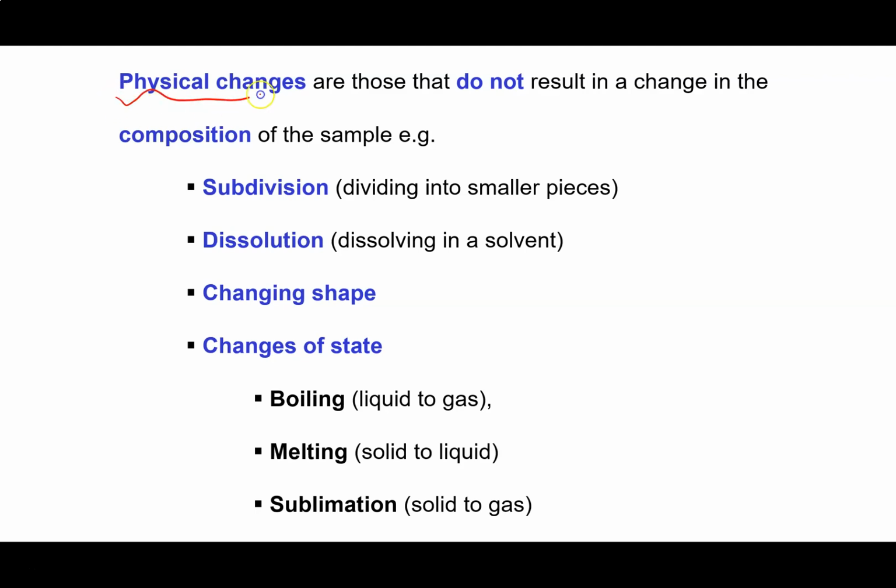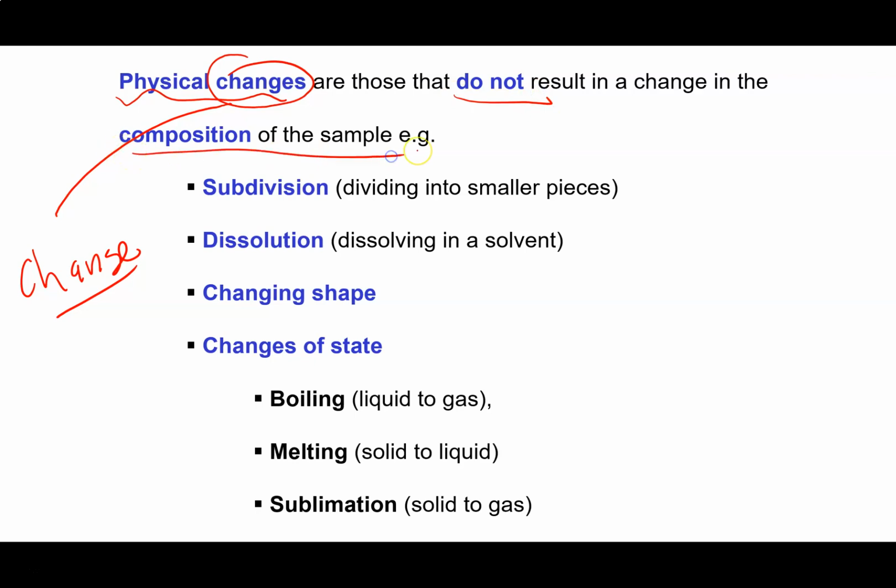So we said that chemistry is the study of matter, its properties, and its transformation. Another way of saying transformation is to say change. And we can also describe changes as being either physical or chemical. So physical changes are those that don't result in a change in composition of our sample.